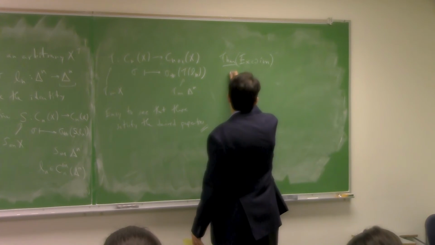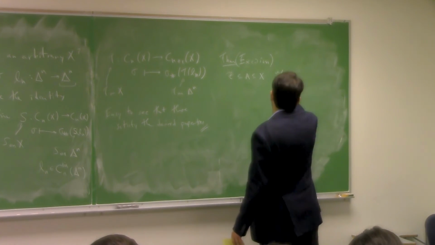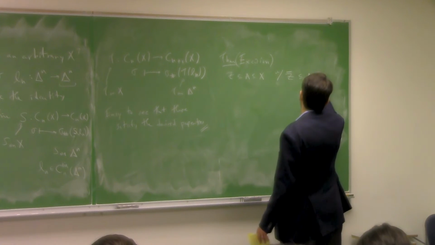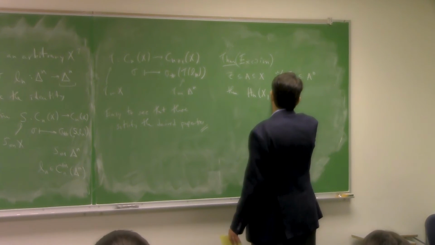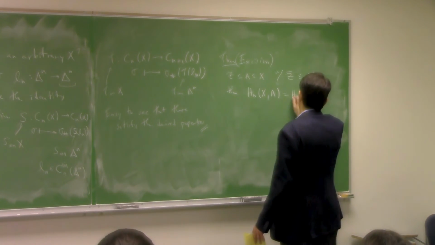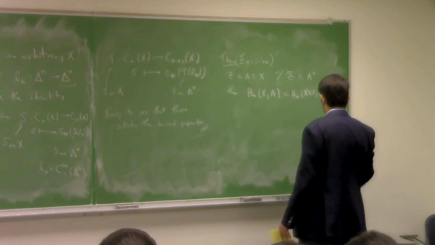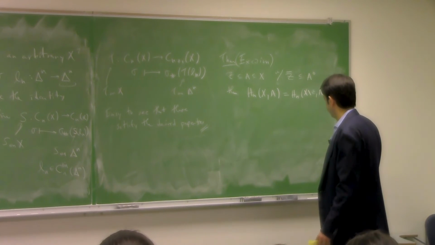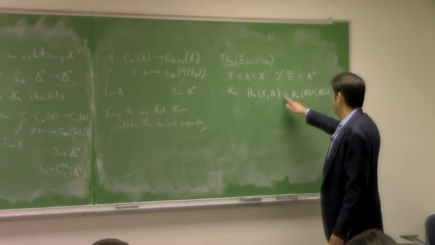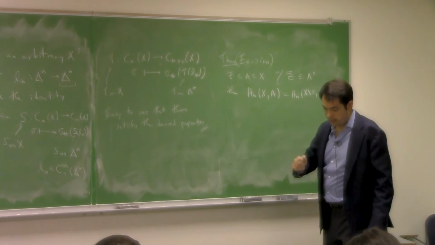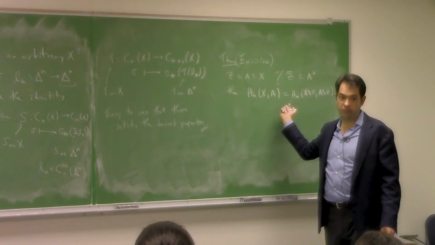Remember, excision says that if you have C inside A inside X with the closure of C contained in the interior of A, then the homology of X relative to A is the same as the homology of X minus C relative to A minus C for all n. To be more precise, not only are they isomorphic, but the inclusion of the relative chains from here into the relative chains here induces an isomorphism.